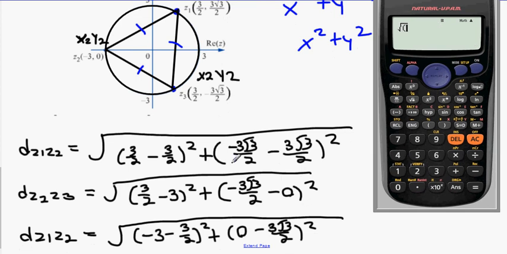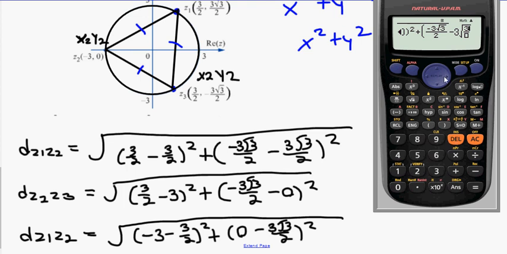So it's going to be the square root. Now 3 over 2 minus 3 over 2 is 0 squared, and then we're going to have plus, minus 3 root 3 minus another 3 root 3. So we'll just enter it all in. So we're going to have bracket minus 3 root 3 all over 2 minus 3 root 3.